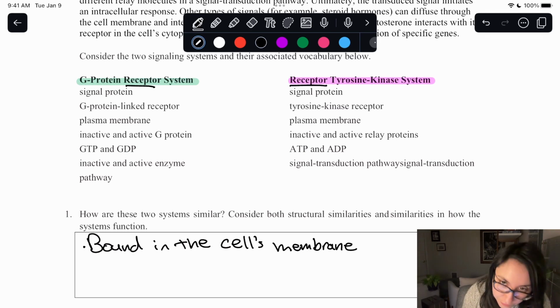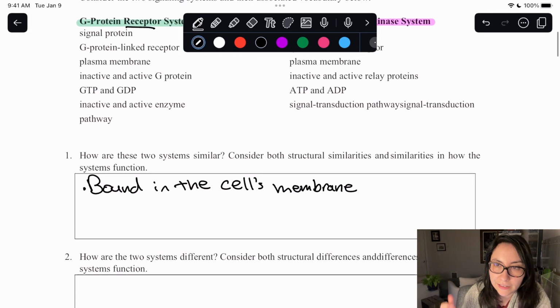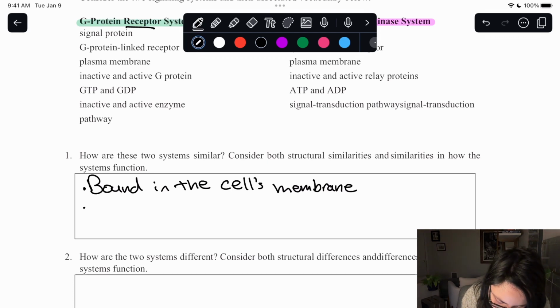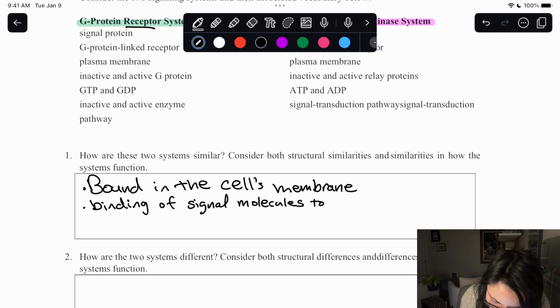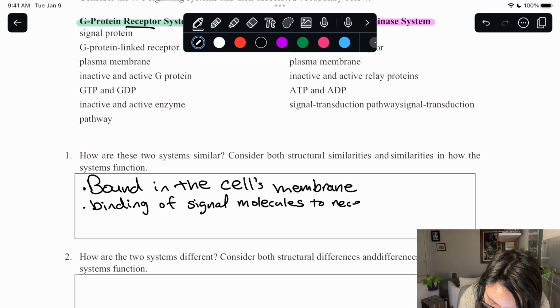And if you want, I'll just do a little dot here so we can bullet point it out. The second thing you want to add here is that binding of signal molecules to receptors activates them.